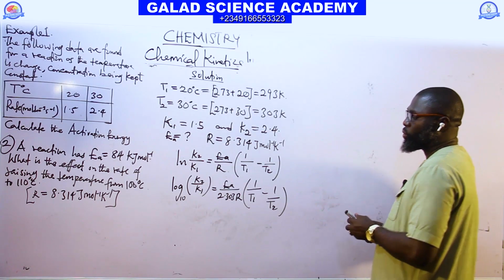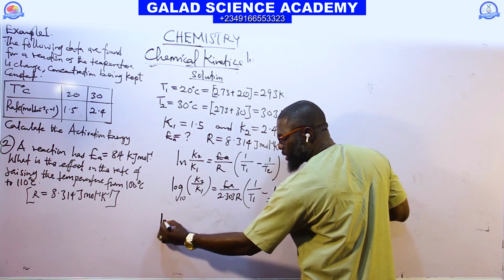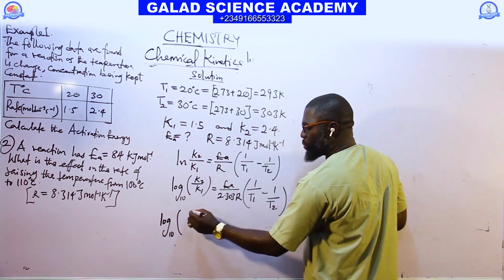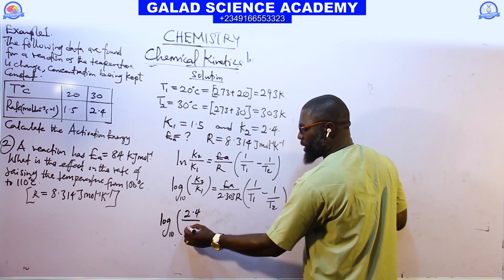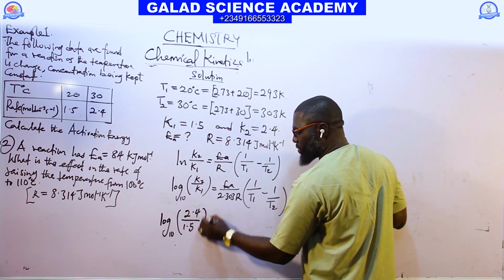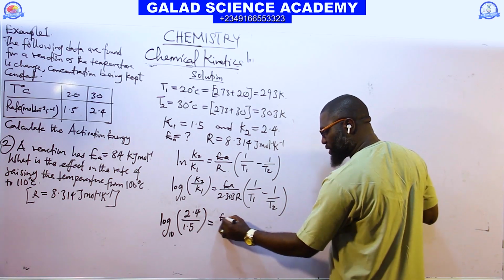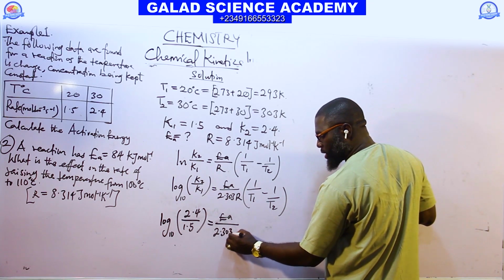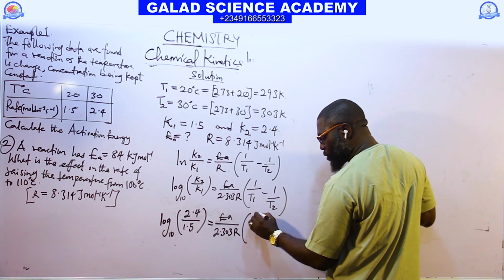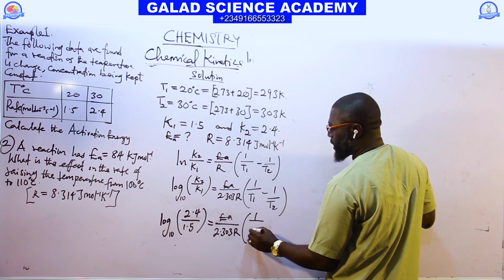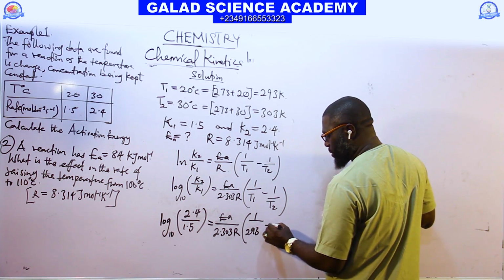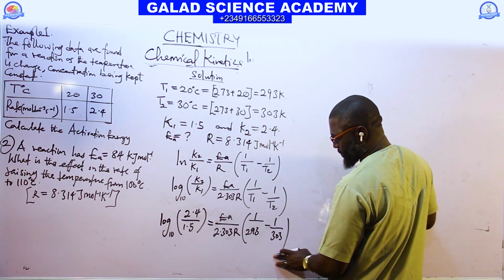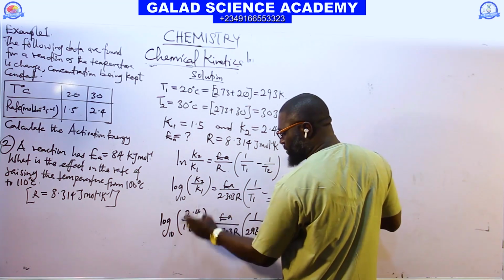Logarithm of base 10, K2 over K1 here is 2.4 divided by 1.5, equal to Ea, the activation energy, which is unknown, over 2.303 R, times 1 over T1, which is 293, minus 1 over T2, which is 303.